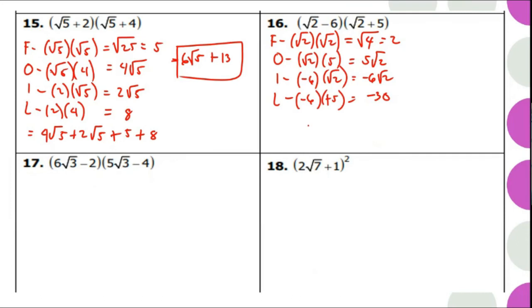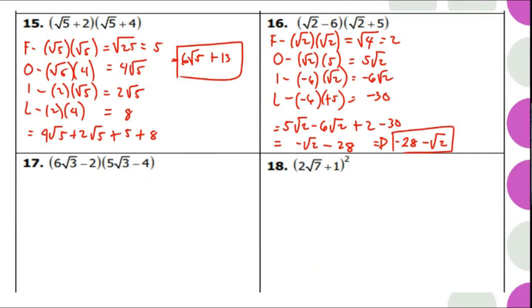So combining, we will have 5 square root of 2 minus 6 square root of 2 plus 2 minus 30. Simplifying, we get negative square root of 2 minus 28. So we will arrange it as negative 28 minus square root of 2. This will be the final answer.